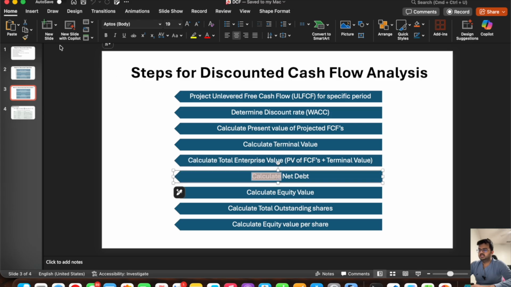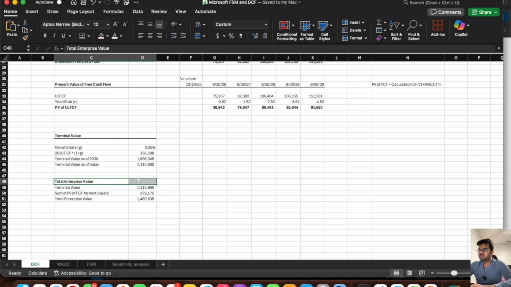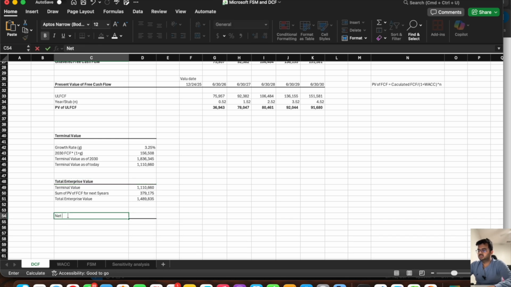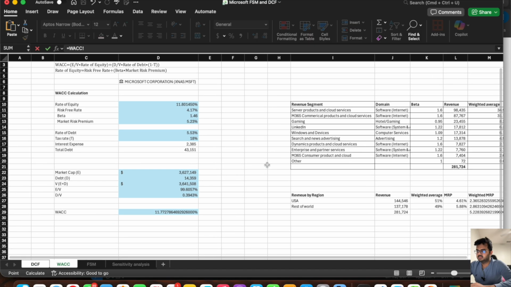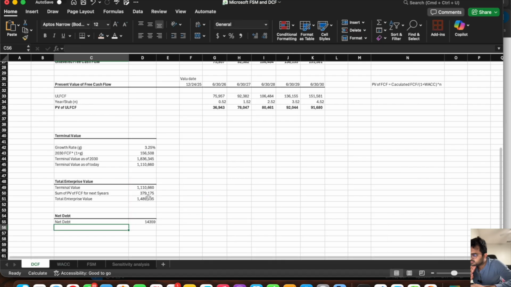Now we got the total enterprise value. Next one, net debt. The good thing is you don't need to do anything to figure out the net debt. We already calculated it while doing the WACC. So we'll put net debt equal to, if you go to this tab where we did the WACC, get in this number.